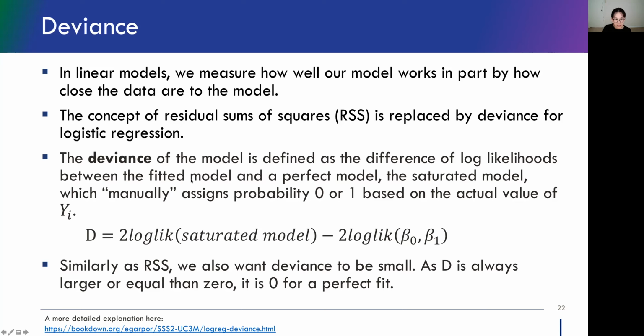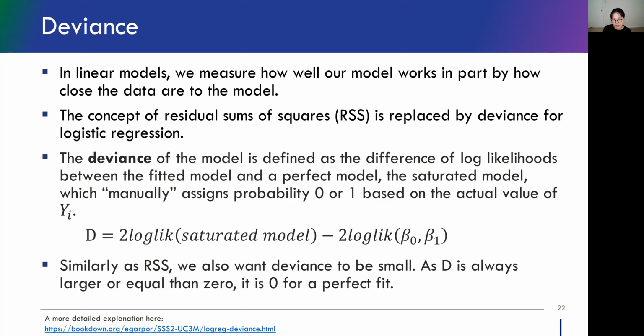Deviance is defined as the difference of the log likelihood for the fitted model compared to a perfect model called the saturated model, in which the probability of 0 and 1 is manually assigned based on the actual value of y. So each data point would have its own parameter.